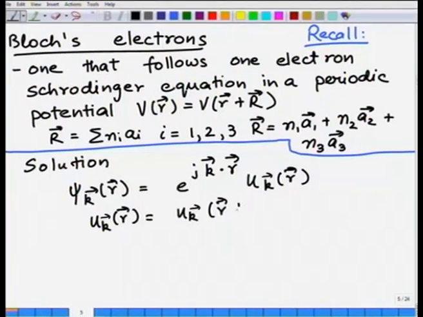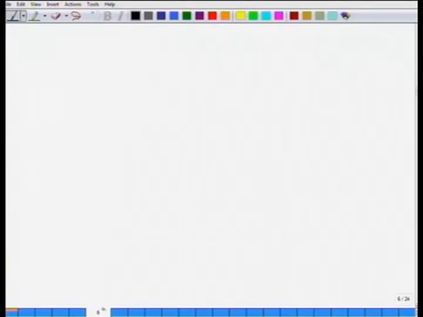So Bloch's theorem says that whatever the exact solution, which we are not interested in at this point of time, if the potential is periodic, then the solution will be of this form where u_k will be periodic. That is Bloch's theorem. So that is the solution we are going to use. The fact that the solution is of this form itself gives us a huge amount of information, and this lecture will be about this part only. So let us look at that.